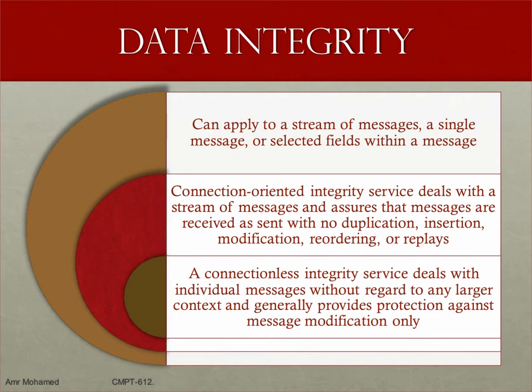For a single message, we have to use some kind of hashing mechanism to make sure that if the message itself is modified in any way, I can detect that the message has been modified. The simplest way is parity bits or some kind of hashing mechanism. We will study that. Or connection-oriented integrity, as we said, by ensuring that the communication is not modified or altered in any way. Okay.